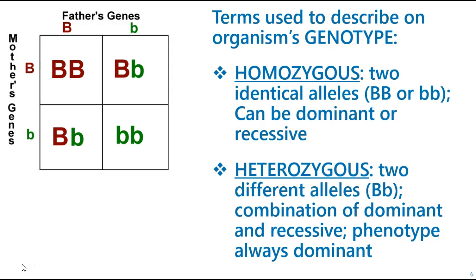And in this case, the phenotype is always going to be dominant, whereas in homozygous, when you have either two dominant alleles or two recessive alleles, the phenotype expressed there could be either dominant or recessive, depending on the allele combination.